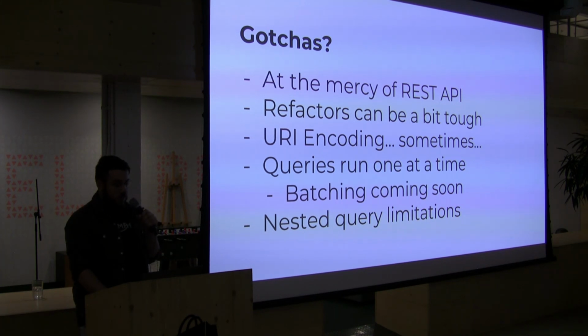Each query runs one at a time. So for 100 sneakers, that's 101 queries. Batching similar queries might be coming soon though. Last time I checked, it was on the roadmap. Nested queries, what I showed you, have their limitations too. You can't just say limit results to 3, for instance.